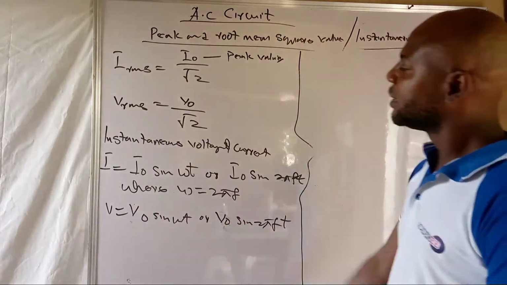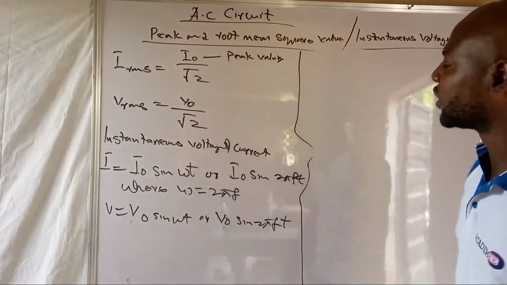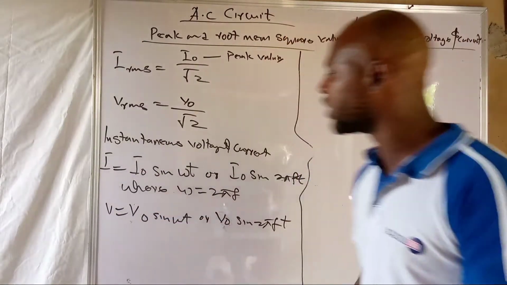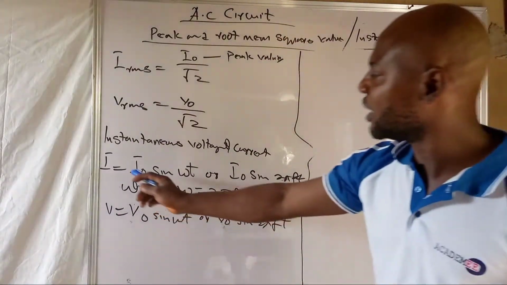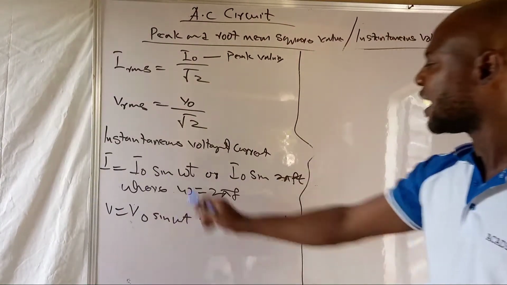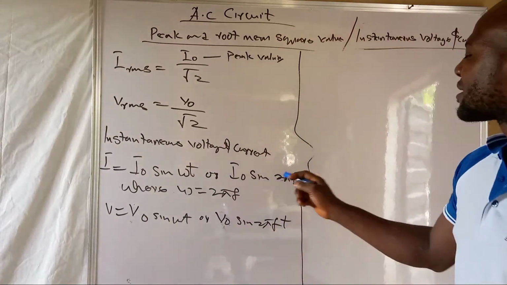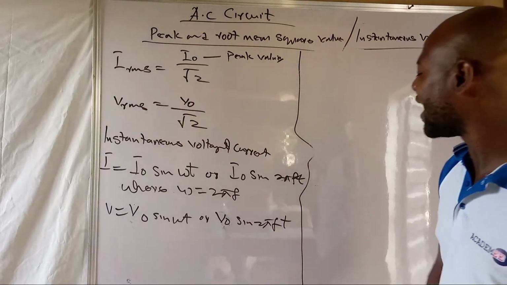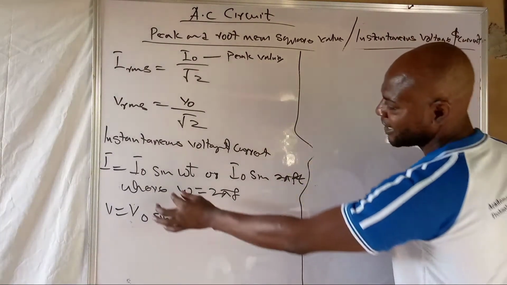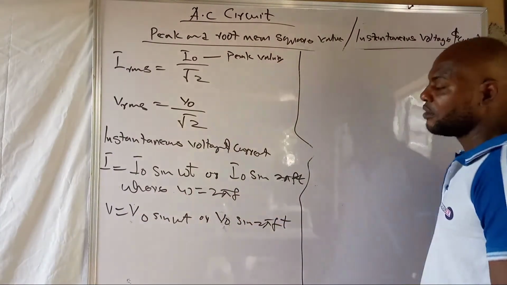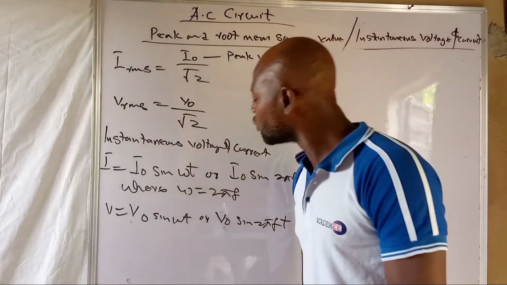Now from there, we move to instantaneous voltage and instantaneous current. For current, I equals I naught sine omega t, or I naught sine 2 pi f t, where omega is given by 2 pi f.